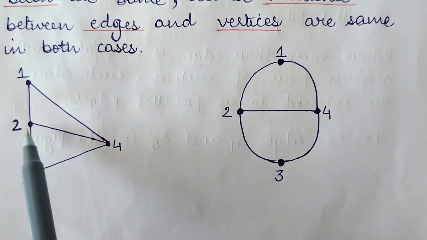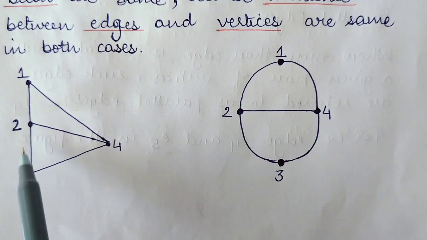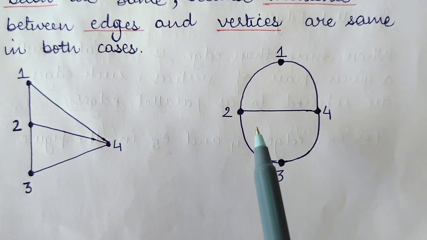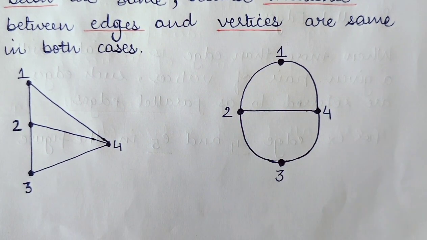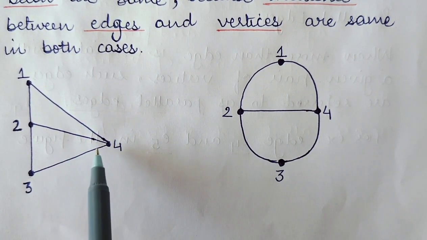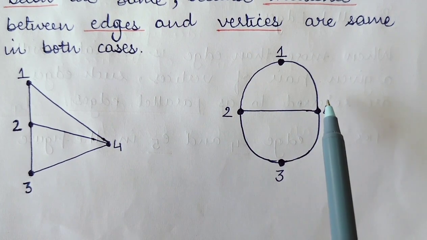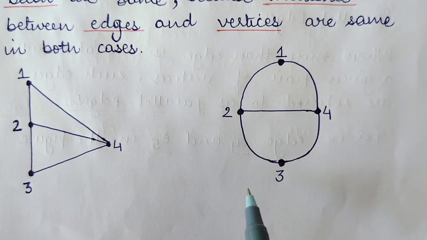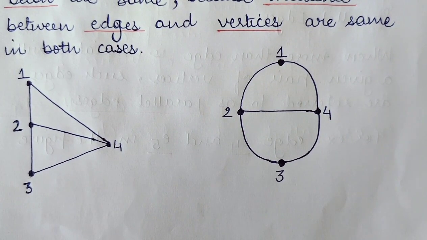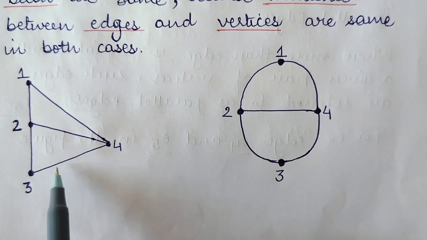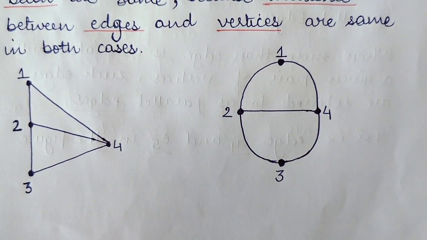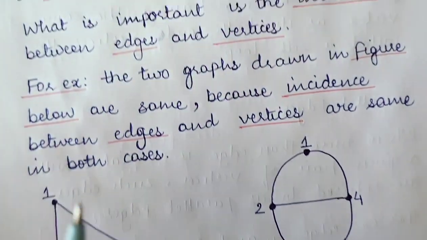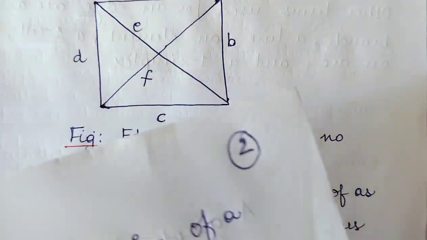Then there is an edge between the vertex pair 2 and 3, and so is there in the other graph. Then there is an edge between the vertex pair 3 and 4, and so is there in the other graph. So clearly you can see that the incidence between the edges and vertices is exactly the same in these two graphs. So these two are the same graph drawn differently.